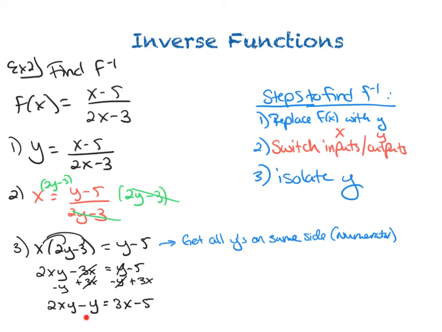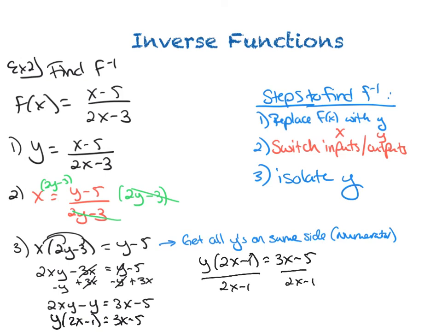They're a common factor, so we can factor out the y, leaving us with 2x minus 1 in parentheses, and 3x minus 5 on the other side. So since I'm writing a little bit low, let me write that up here. We have y times 2x minus 1 equals 3x minus 5. And the only thing left to do is to divide both sides by 2x minus 1.